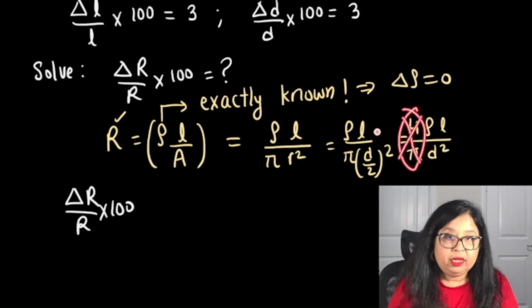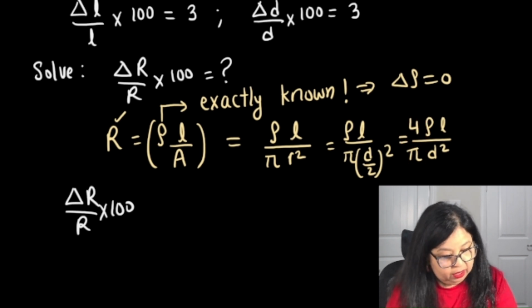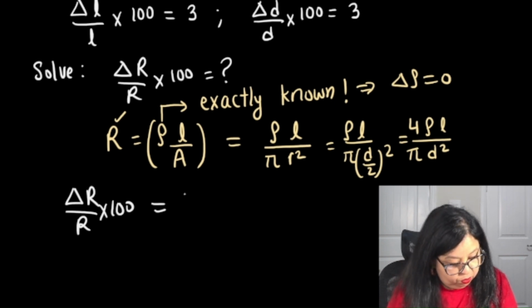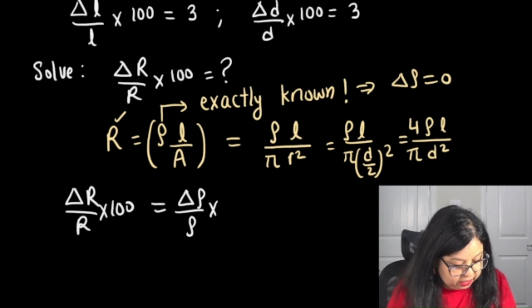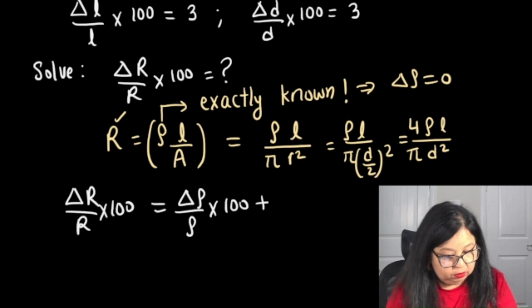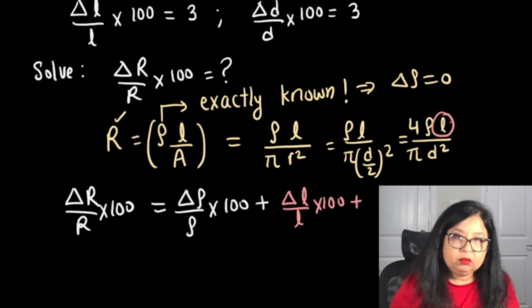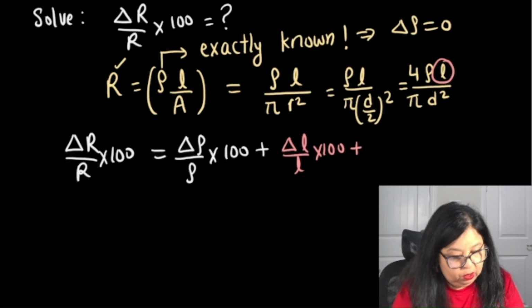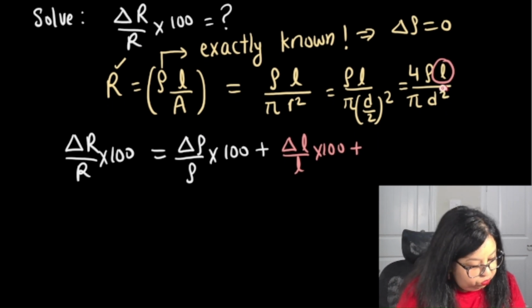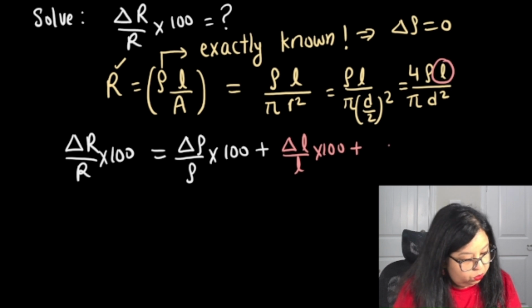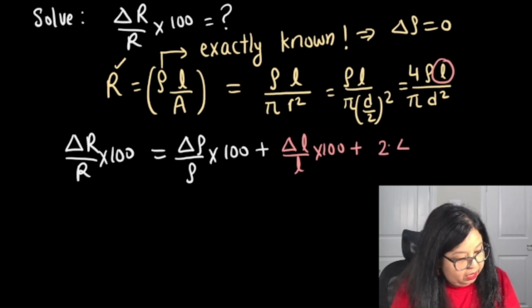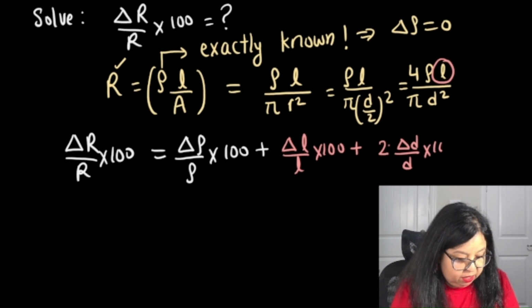So this is equal to delta rho over rho times 100 plus delta L over L times 100 plus, the 2 comes down as the coefficient, 2 times delta D over D times 100.